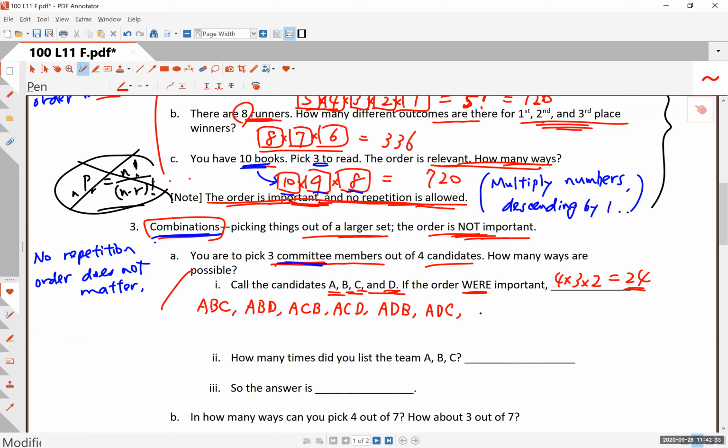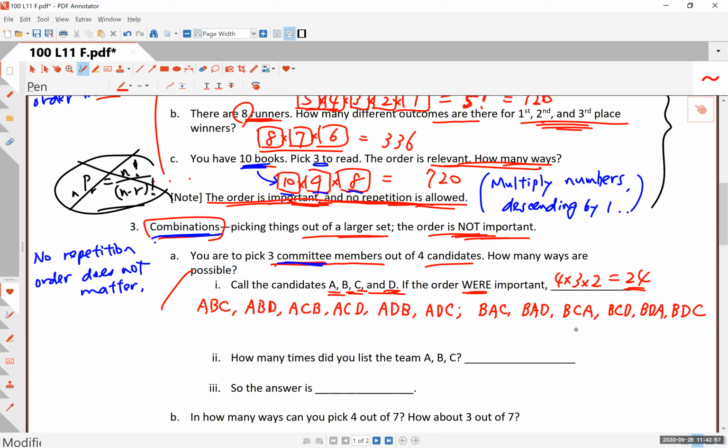Let's say you pick B first, and then you can have BAC, BAD, BCA, BCD, BDA, BDC. There should be 6 choices if you start with B as your first candidate, right?